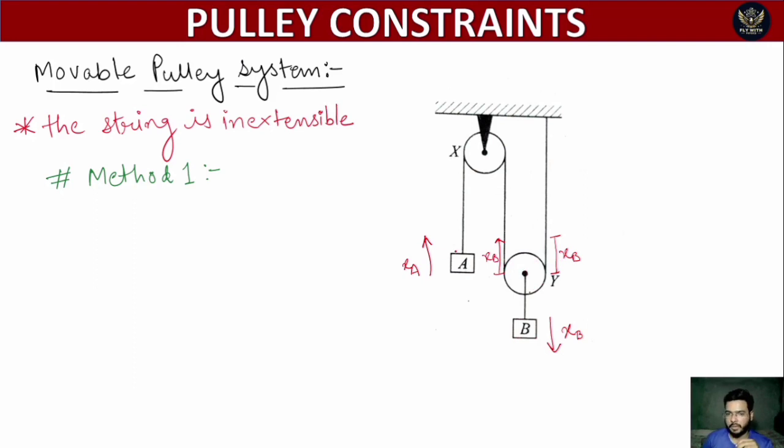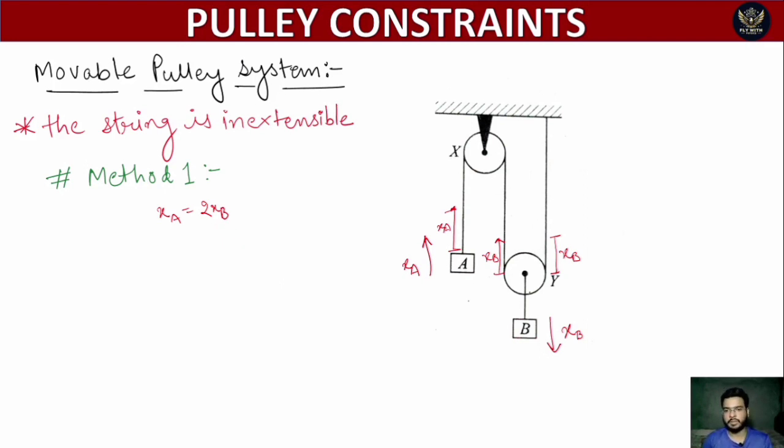And xa is moving upwards here. That much xa moving upwards is contributed by xb and xb. So we can say that xa is equal to 2 into xb. That much distance that xa is moving is contributed by xb and xb, because the string is inextensible. That is why the length will be the same. This length displaced is equal to this length displaced.